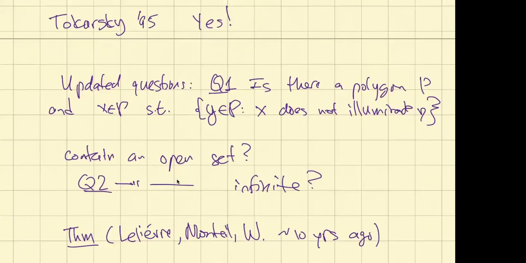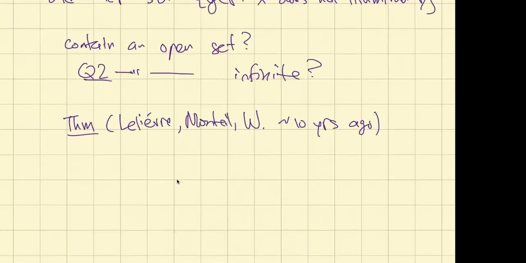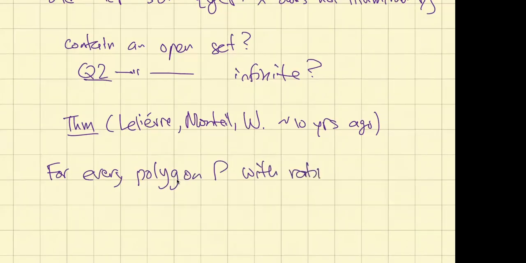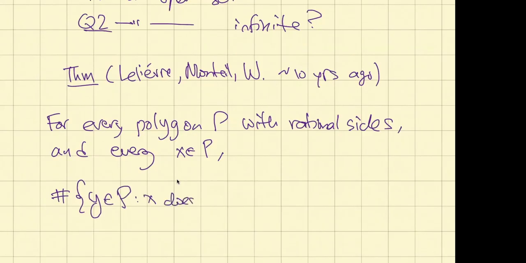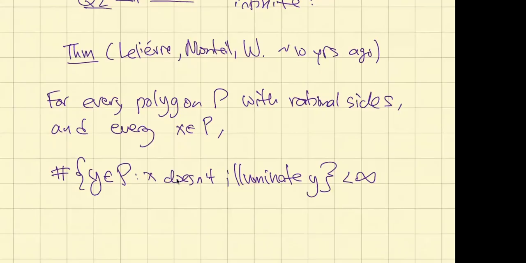So for every polygon P with rational sides, in every X in P, the number of Y's such that X doesn't illuminate Y is finite. So that answers questions 1 and 2 negatively. It's always a finite number.